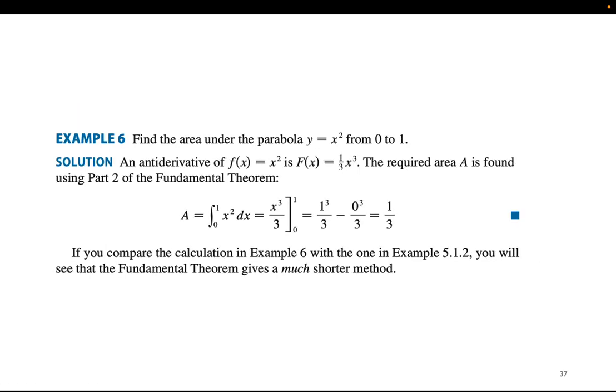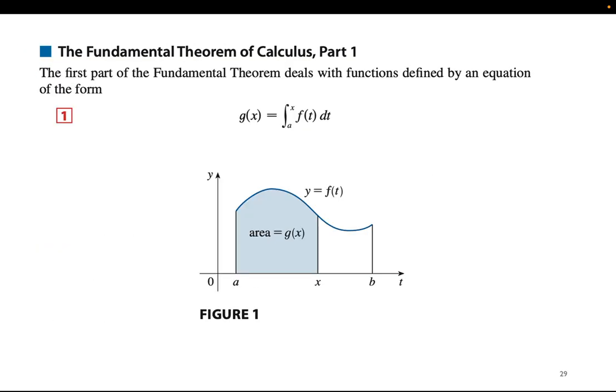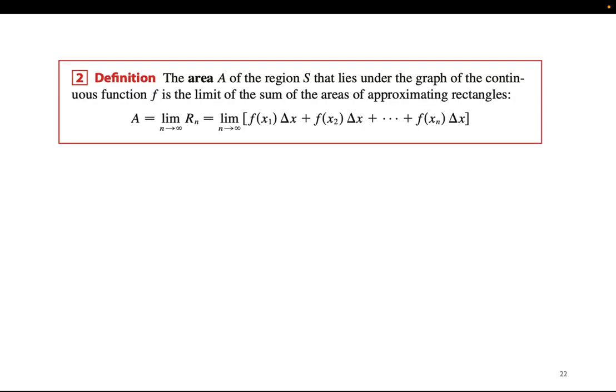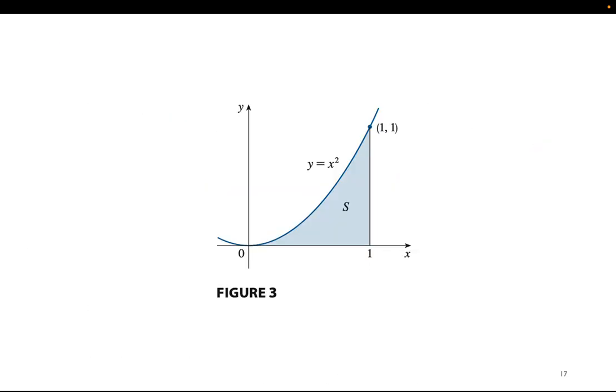Here's another one. If I want to find the area, this is actually the original problem we had a while back. To find the area, at the very beginning, we want to find this area. That's just the definite integral from 0 to 1 of x squared, but we didn't know how to do it before.